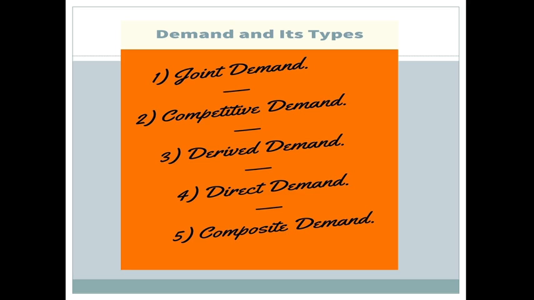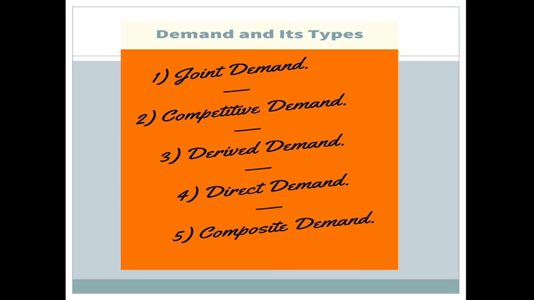The next demand is competitive demand. Here, when 2 commodities are fairly close substitutes for one another, an increase in the quantity demanded of one of them will reduce the demand for the other.